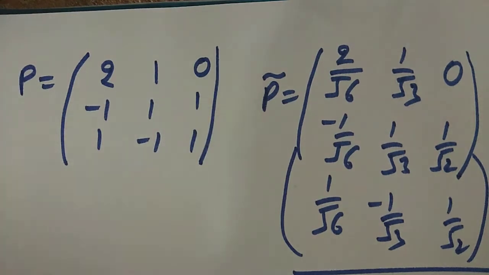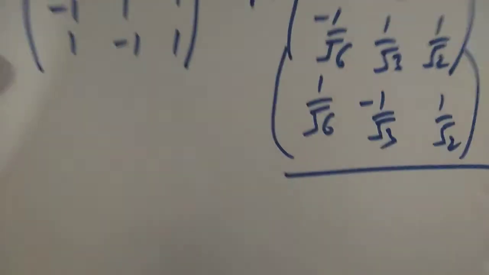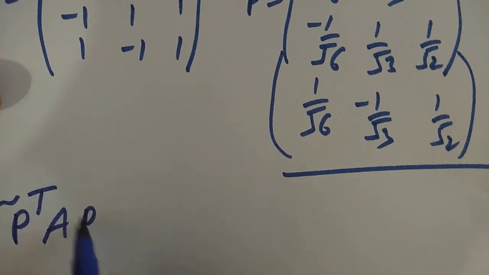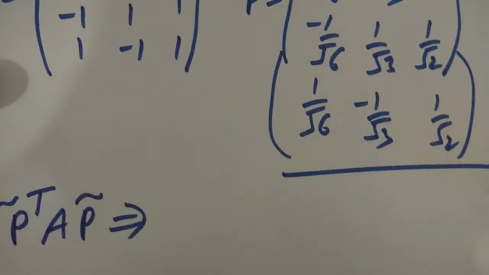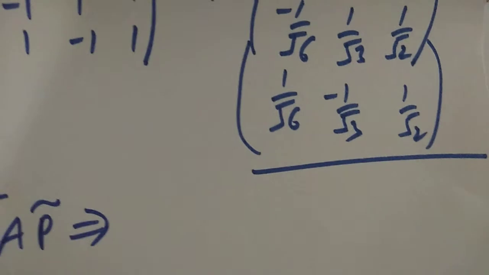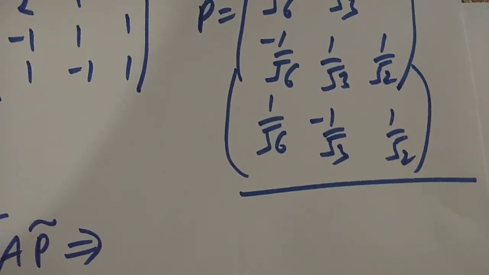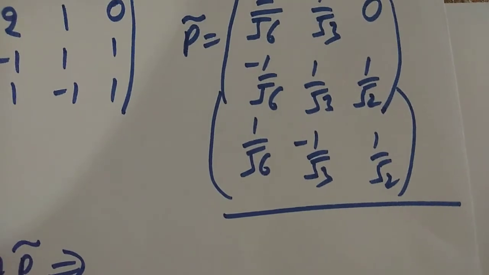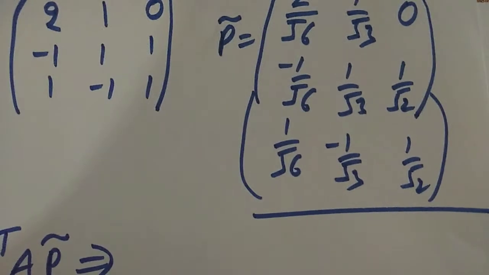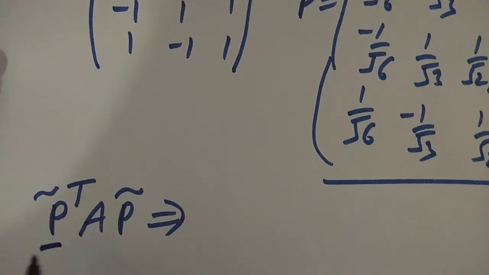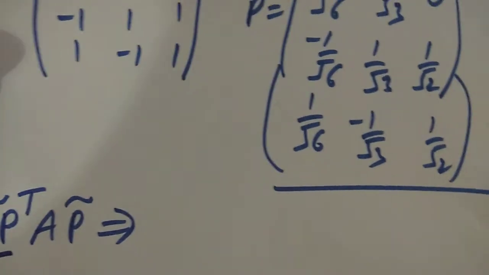Now P transpose AP becomes P bar transpose A P bar, where P bar is the normalized model matrix, that is, the orthogonal matrix. For that, the inverse is equal to the transpose.